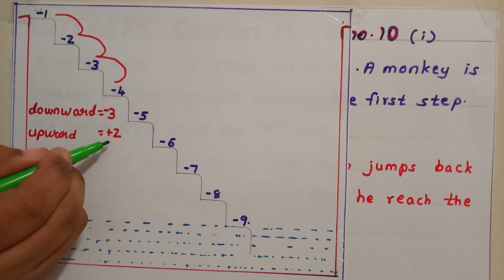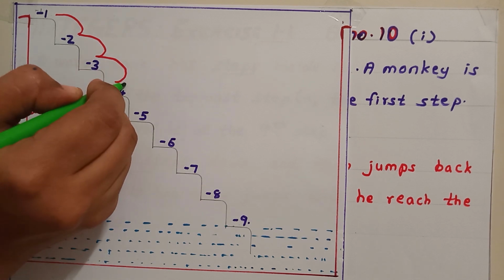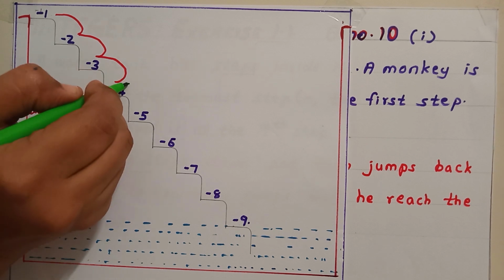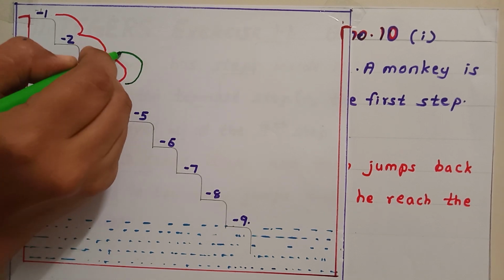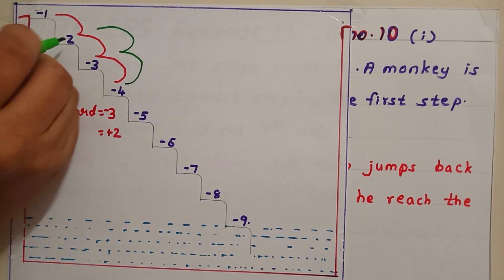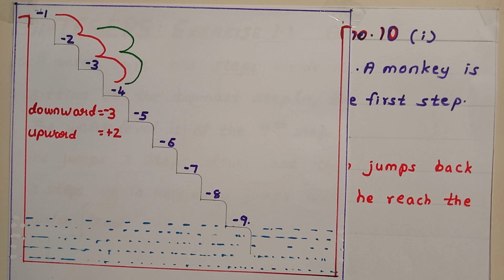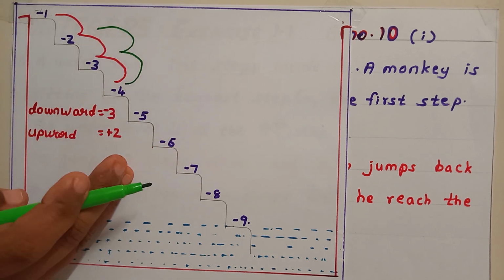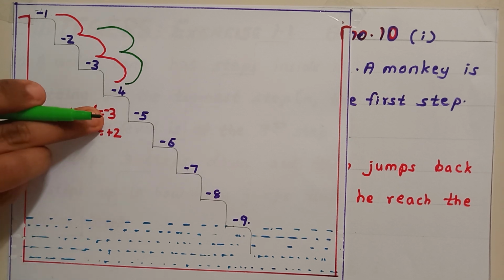How many steps will he cover? 2 steps. From -4, he covers 2 steps upward. Now he is in the position of -2. From -2, again he makes a downward jump and covers 3 steps.